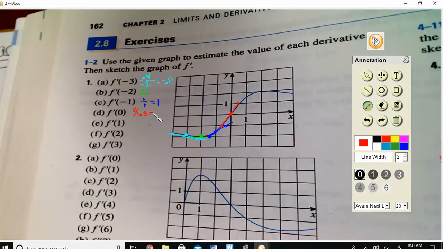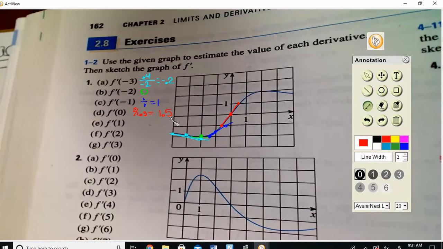Okay, divide this. 2 divided by 1.3, and we get about 1.5-ish. We are just estimating. So that's not exact, but it's a ballpark for that one.